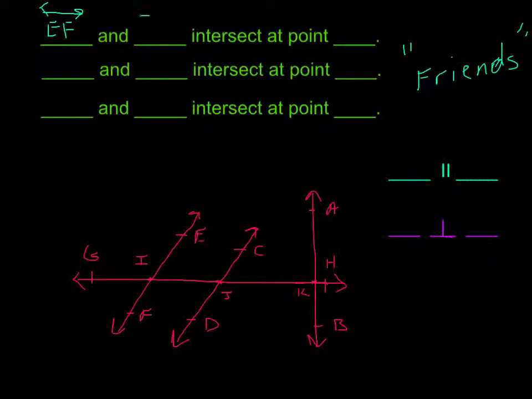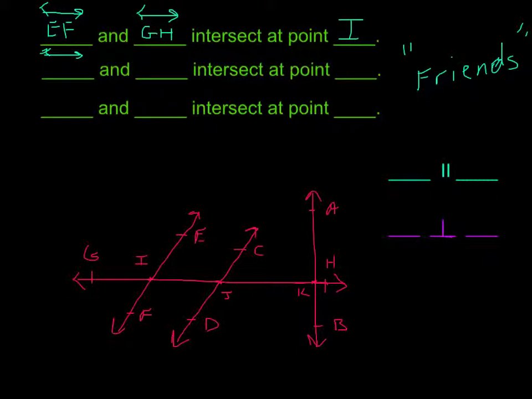Line G and H at point. You know, we're looking for the specific point, and it looks like they cross at point I. So we're going to say at point I. Our next one here, going to the very next line that intersects, we're going to say C and D. So line C and D. Once again, it's a line, so we have to do our arrows.